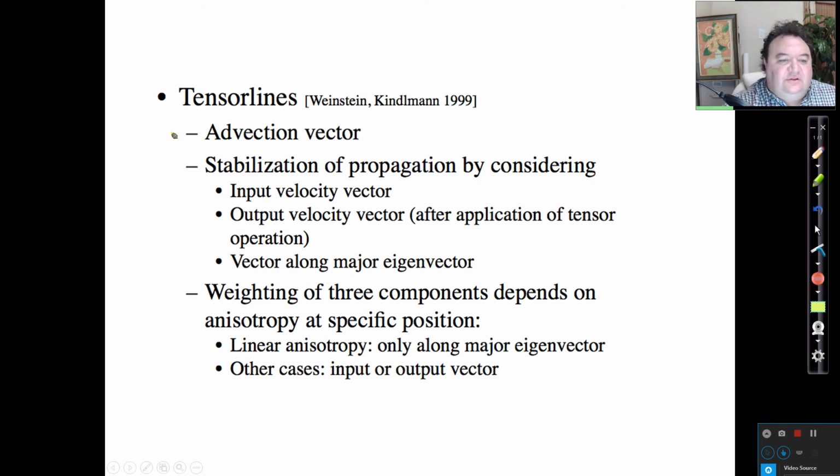And so this is the main advantage of this approach. The computation takes into account the input of the vector coming in, the velocity, so that the result is stabilized when there is no real preferential direction, and there is a tendency of combining things and continuing the flow linearly in the direction that it came from.